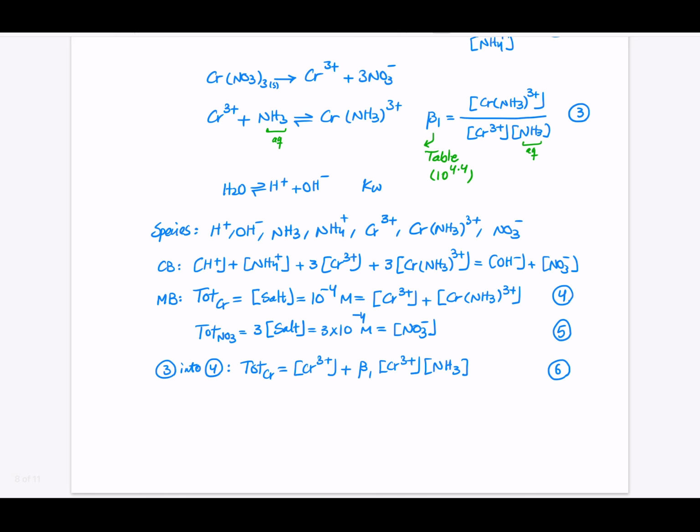So basically, if we do 1 into 6, then it would be pretty straightforward. Total chromium is chromium 3 plus times 1 plus beta 1 P of NH3 in the gas phase, HPM.